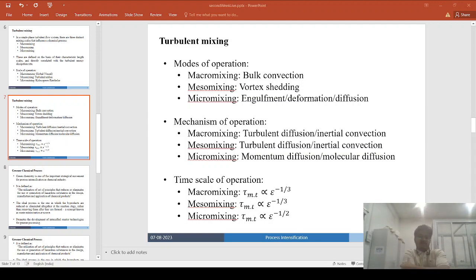The process is often referred to as distributive mixing, and it is achieved by the bulk motion or convective transport of the liquid at the macroscopic scale, resulting in uniform spatial distribution of the fluid elements within the reactor volume. So in a continuous flow reactor, the macro mixing process directly influences the residence time distribution of a feed stream introduced into the contents of the vessel.